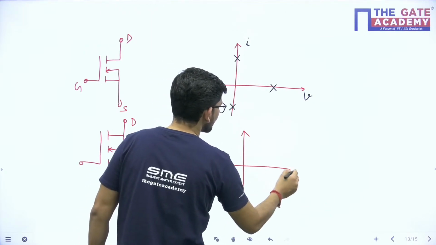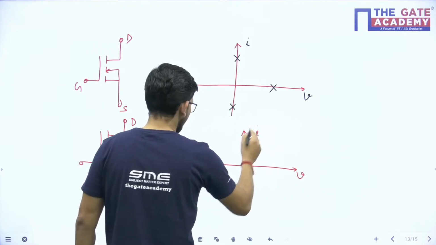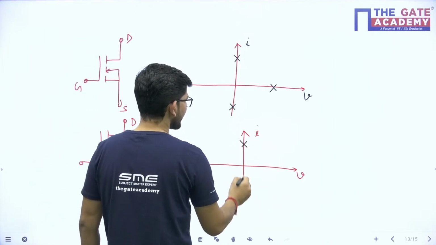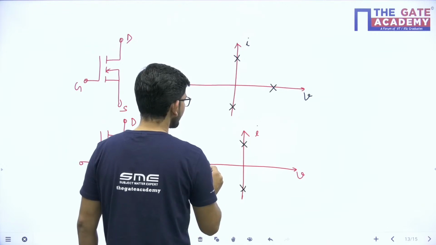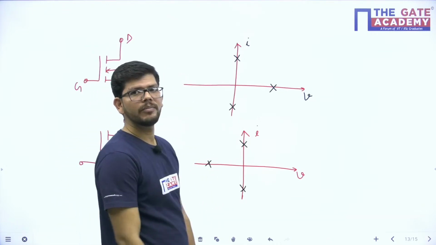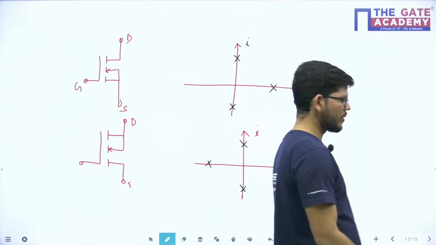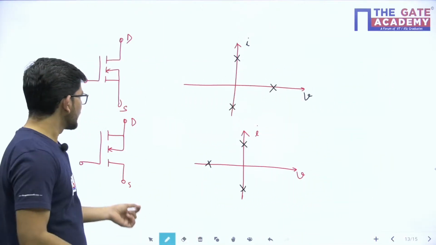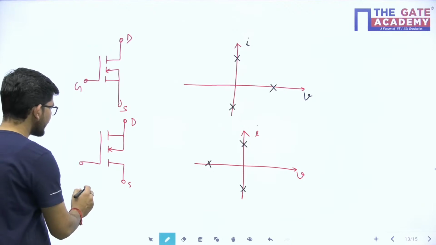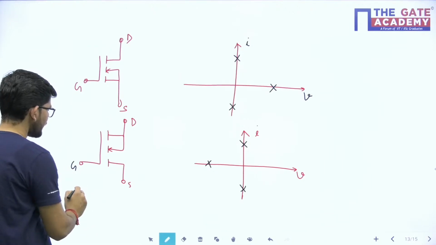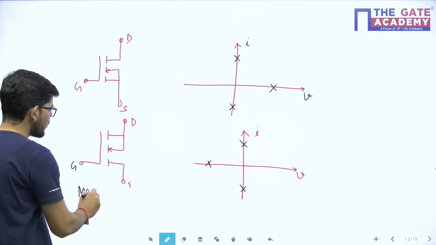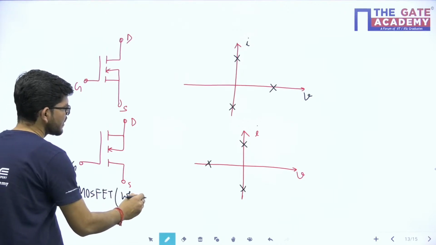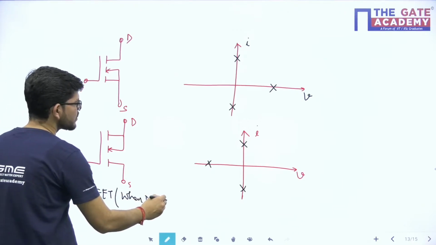When drain and source are reversed, the MOSFET is still able to carry current in both directions, but the voltage that it will block will now be negative. So this is a MOSFET with reverse connection, when drain and source are reversed.